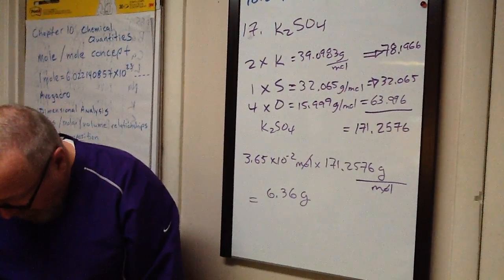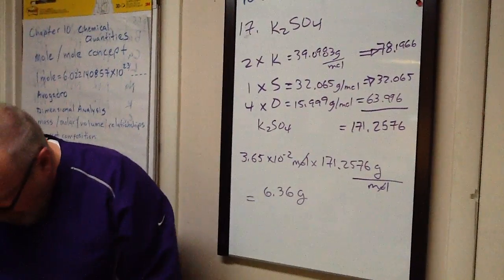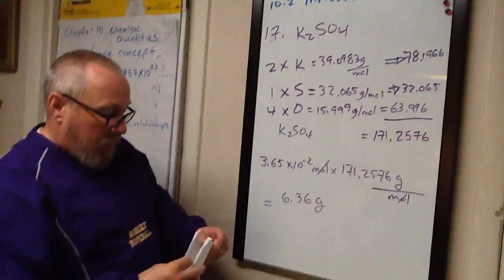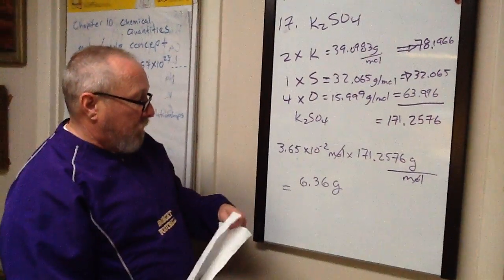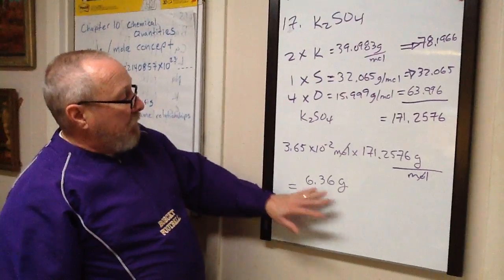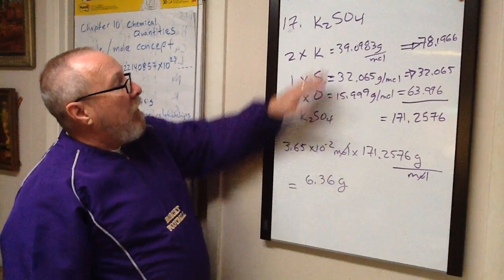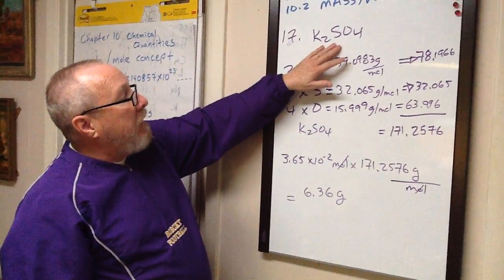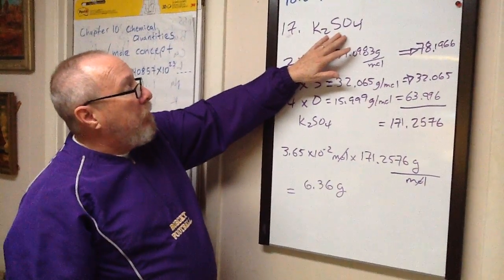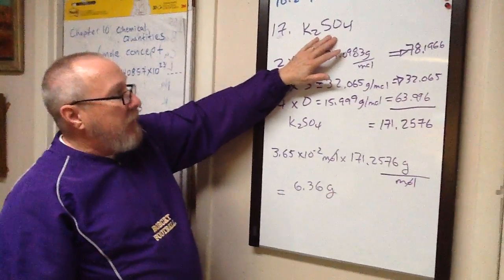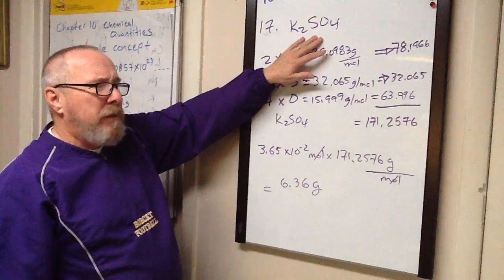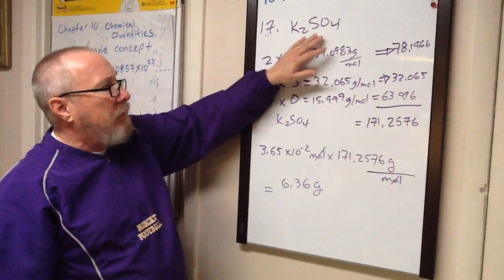Okay? Now, if you want to leave that in scientific notation, obviously it would be 6.36 times 10 to the 0, because any number raised to the 0 power is equal to 1. But that's how many grams, this many moles of this compound would weigh. The thing we needed to calculate was the molar mass, or the molecular weight, or the molecular mass of this compound, the formula mass, since it's technically an ionic compound.